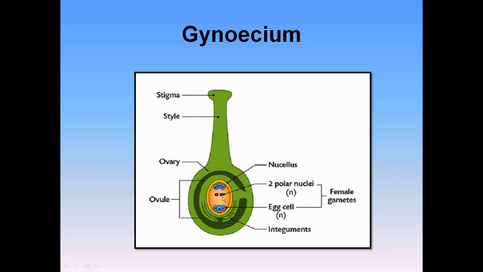And these nuclei are the polar ones, and polar nuclei have haploid chromosomal content, and the egg again has haploid chromosomal content. This diagram is quite clear, and you have to practice this diagram at least twice for better understanding. That's all for today.